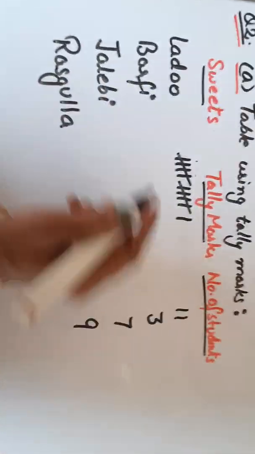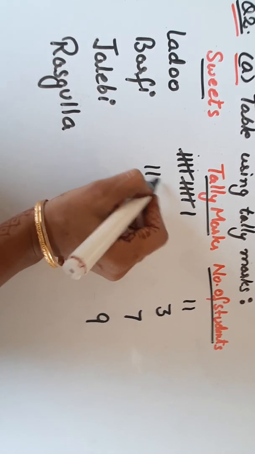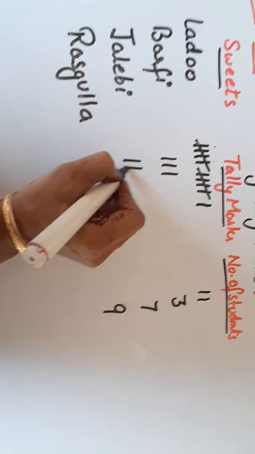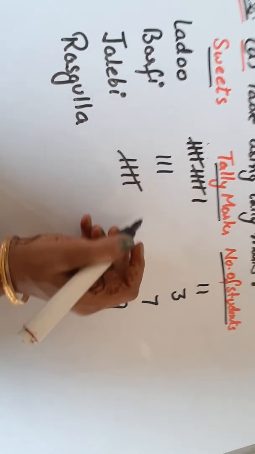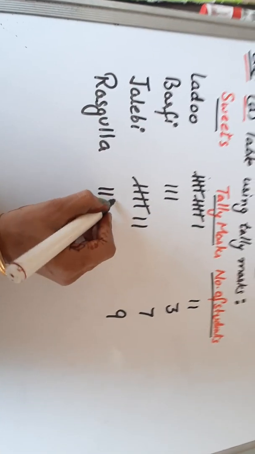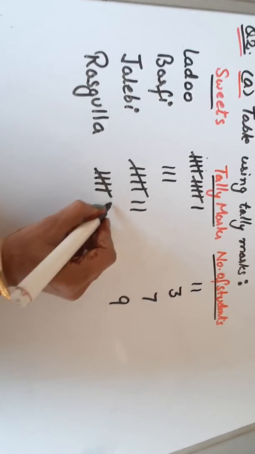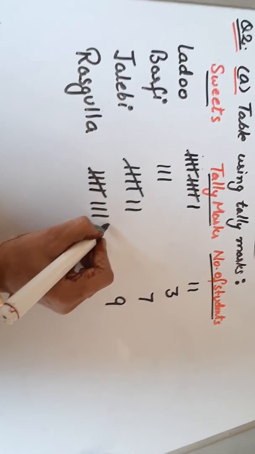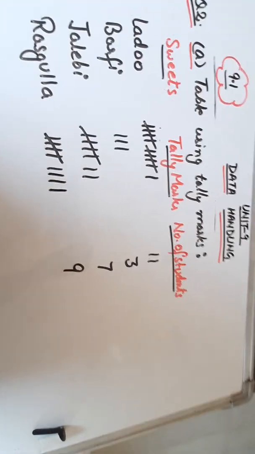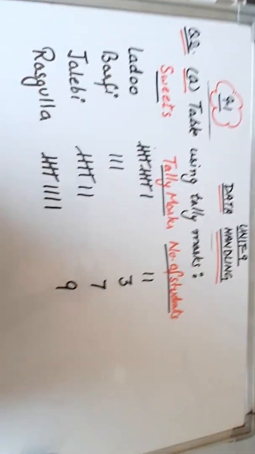Okay. So now for 3, 1, 2, 3. For 7, 1, 2, 3, 4, number 5 shuts the door, 6, 7. For 9, 1, 2, 3, 4, 5, 6, 7, 8, 9. Okay. So this is the table using tally marks.